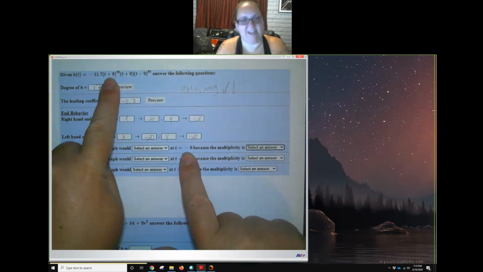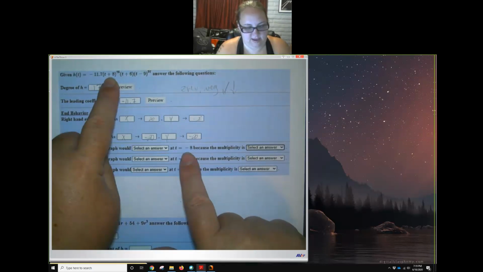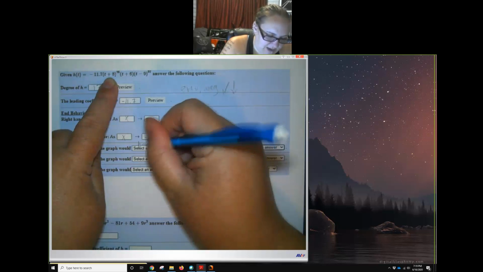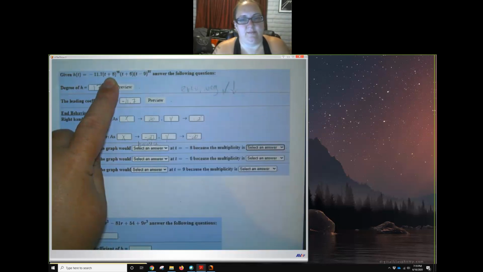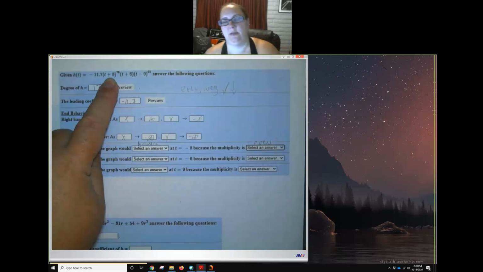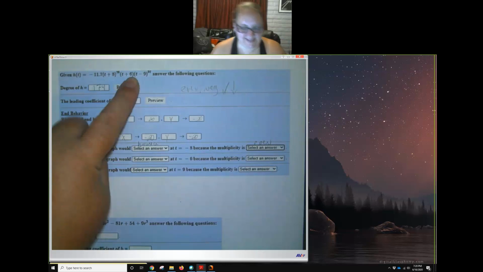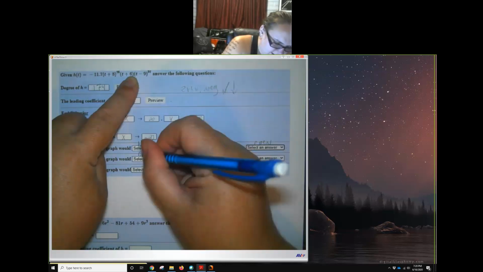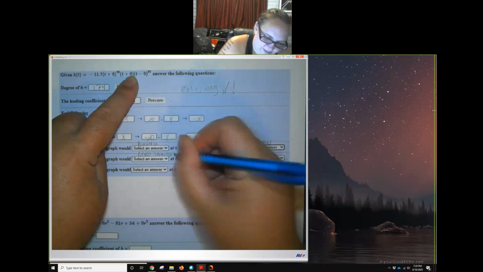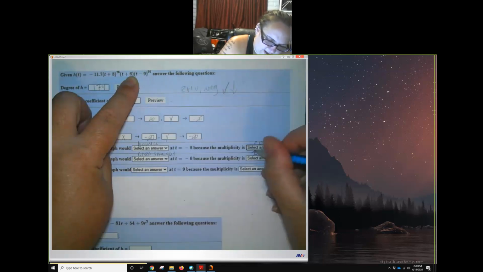At -8, your graph would, the right answer here is bounce, because the multiplicity is even. At -6, it would cross straight because the multiplicity is 1.